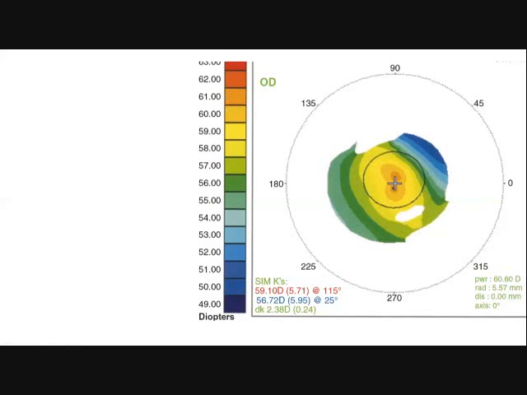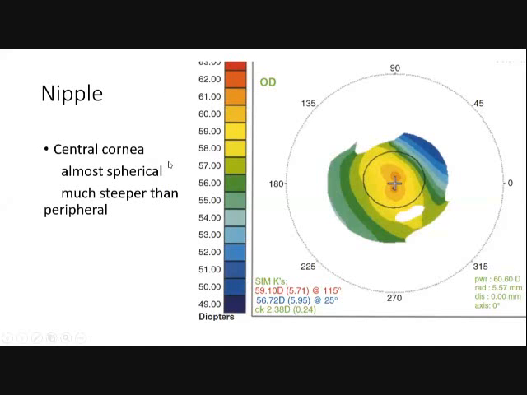Okay, good. So this is again a keratoconus cone, but the central steepening is too much. So this is an example of nipple cone. Central cornea almost spherical, much steeper than the periphery. So the warmer color is in the center, but localized one.